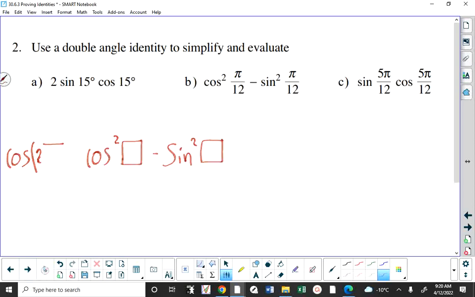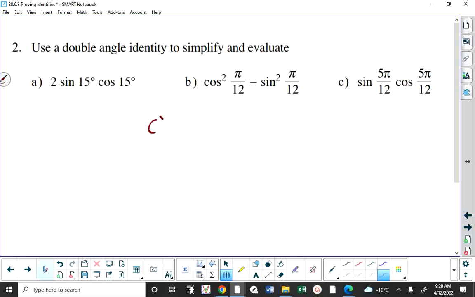Okay. Sorry. C. So what we are looking at in C is sine of an argument times cosine of an argument. But unfortunately, I don't have an identity on my formula sheet that says sine argument, cosine argument equals something.